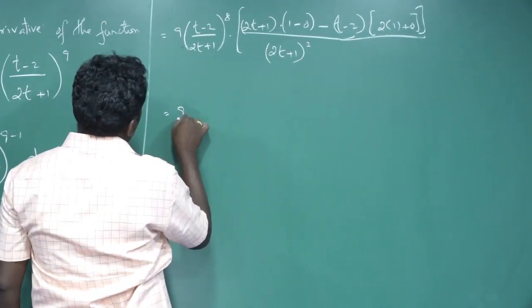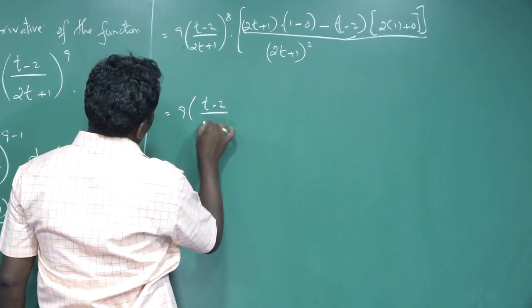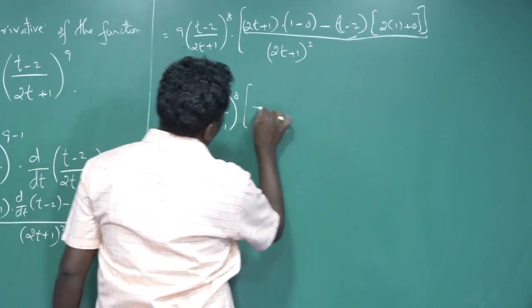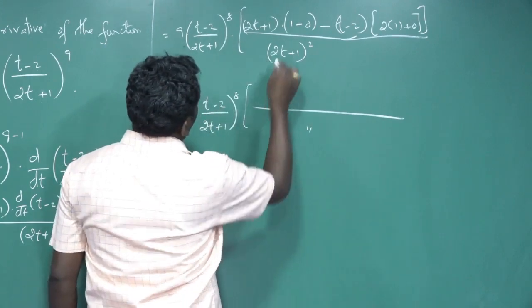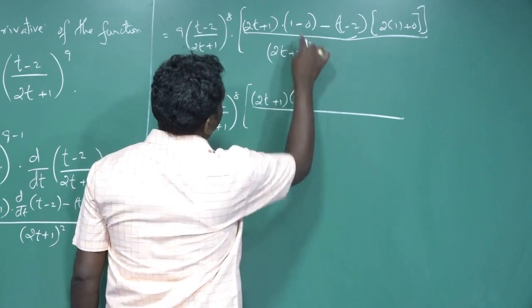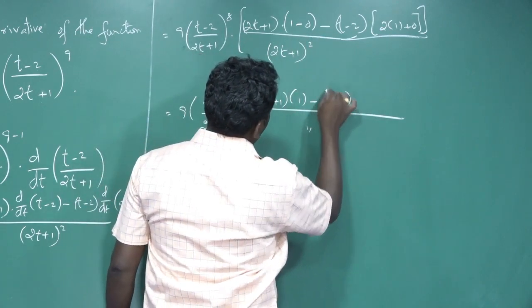And that is equal to 9 into ((t minus 2) by (2t plus 1)) whole power 8 as it is, within the bracket the denominator is the same. And the numerator is 2t plus 1 into 1, the first term, minus t minus 2 into 2, the second term.